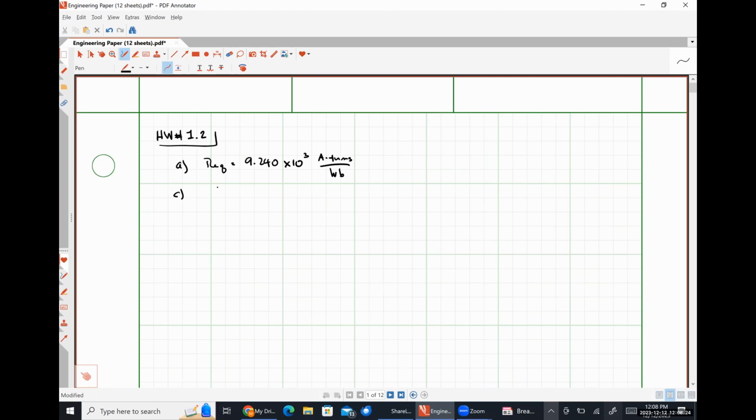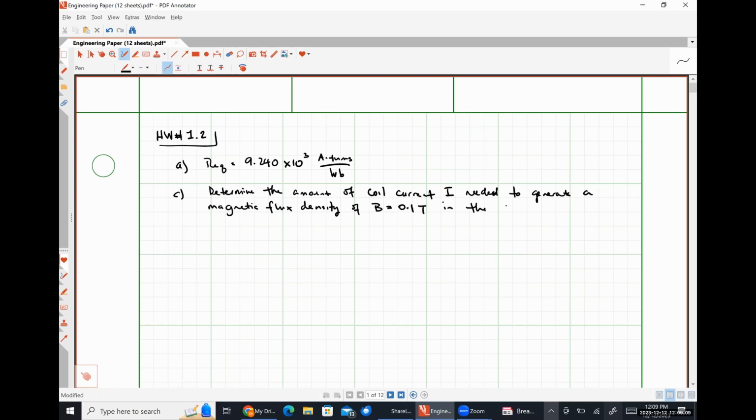In part C, you are asked to determine the amount of coil current I needed to generate a magnetic flux density of B equal to 0.1 Tesla in the leftmost leg of the core.